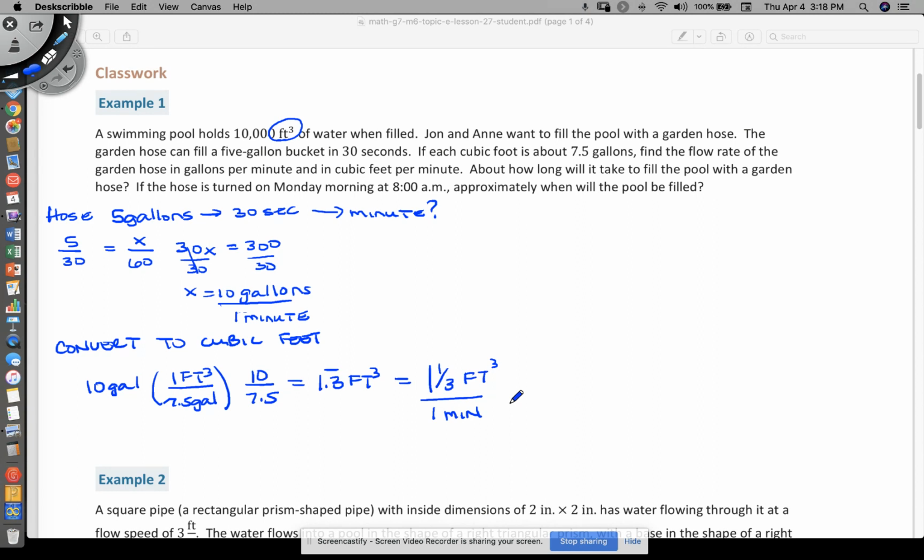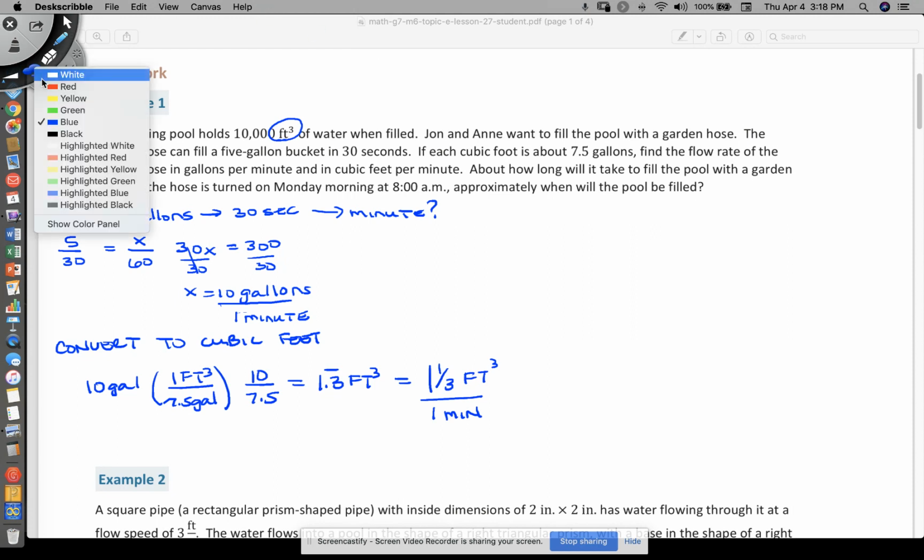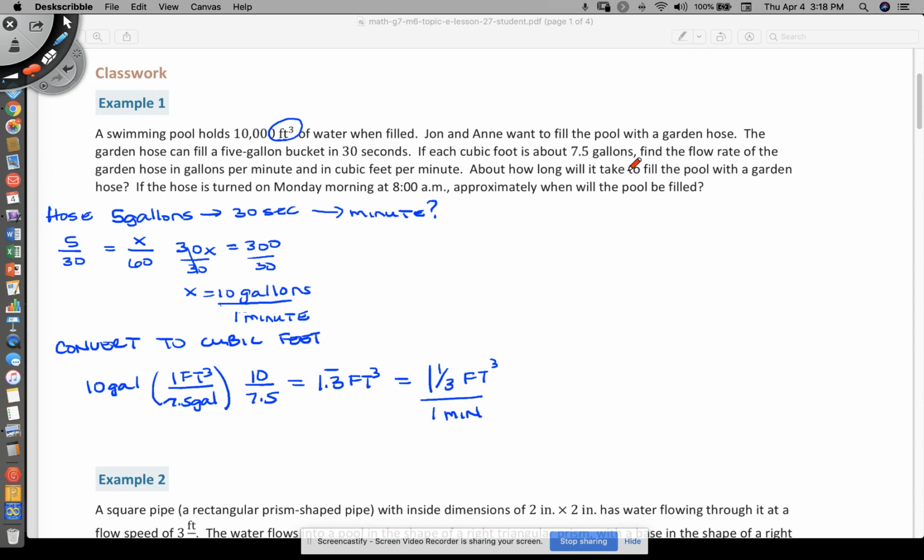So now we have some information. We can start putting together an actual formula. So the blue was just some information. Now we're going to start solving. I have a 10,000 cubic foot pool. And if I use my ratio down here that I can do 1 1/3 cubic feet per minute, how long will that take? So I'm going to go ahead and convert this to 10,000.